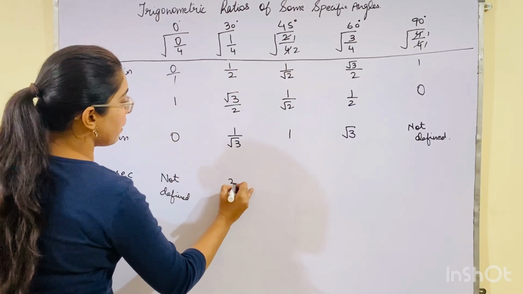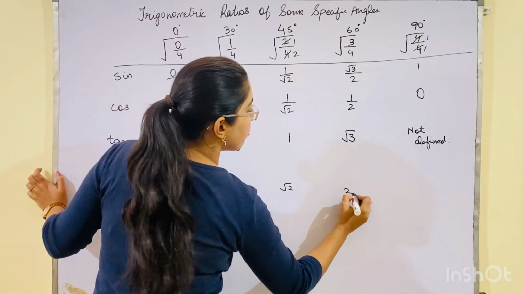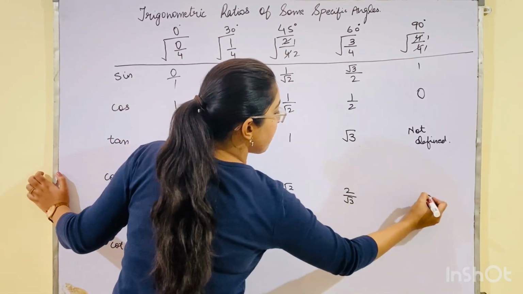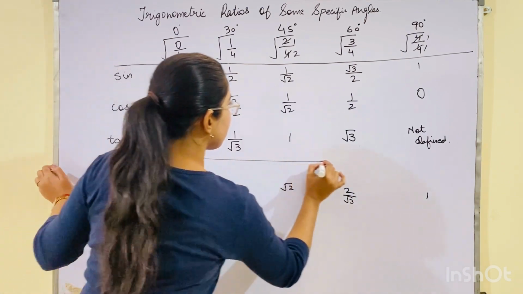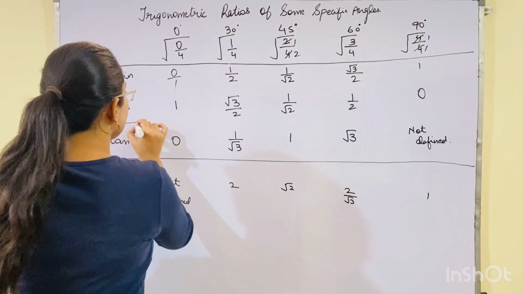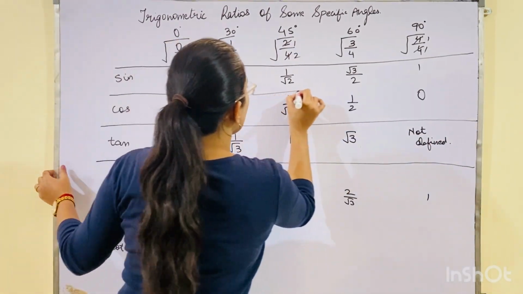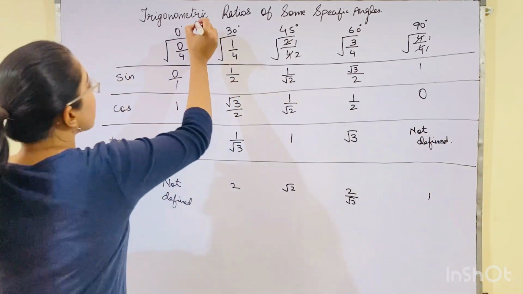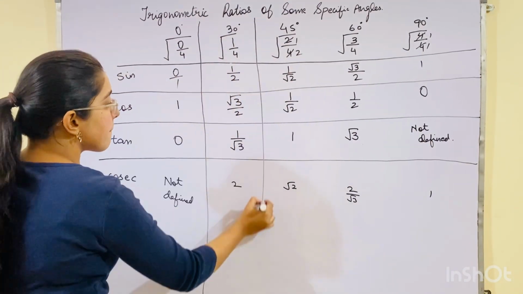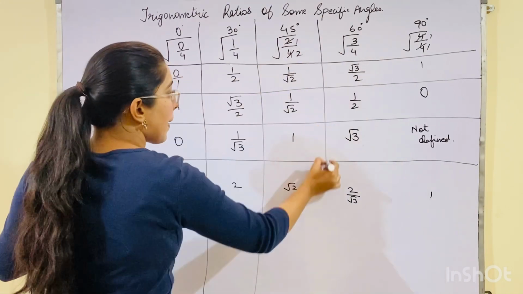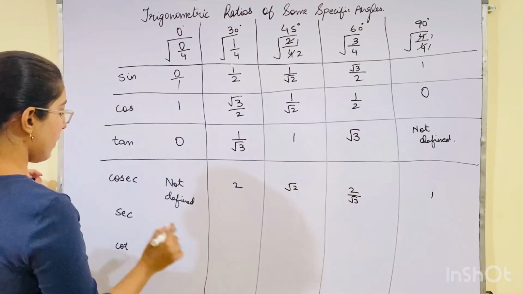This will become 2 by 1, this will become root 2, this would become 2 by root 3 and this would remain as 1. Right?